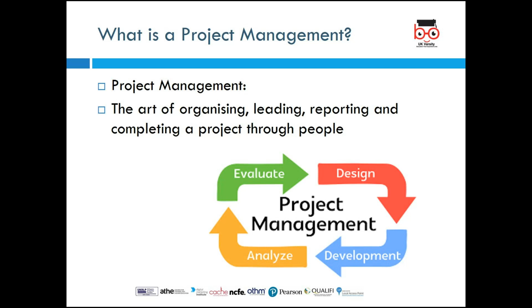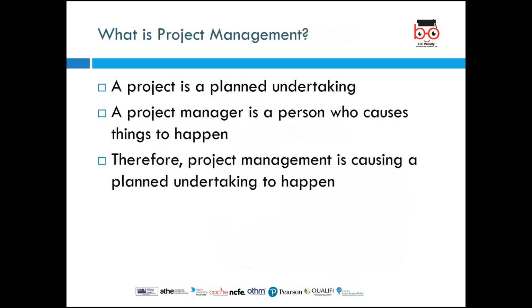This means that every project will go through the cycle of designing, development, analyzing, and evaluation. So it will need a project manager who will lead the organizing, the leading, the reporting, and completion of the project. Let's look at the next slide.